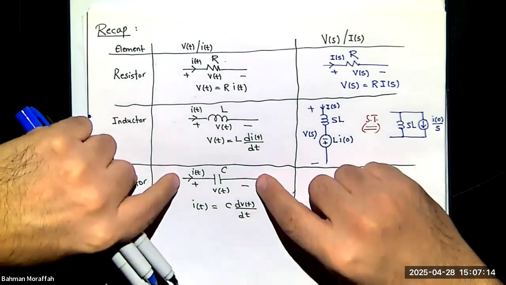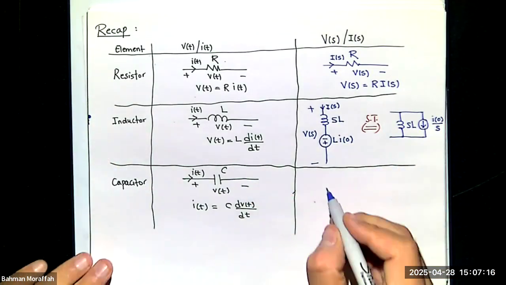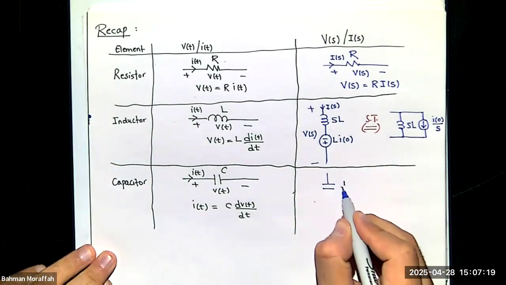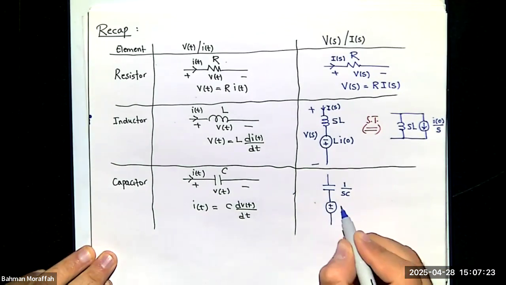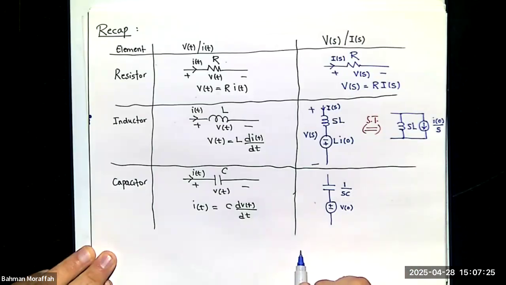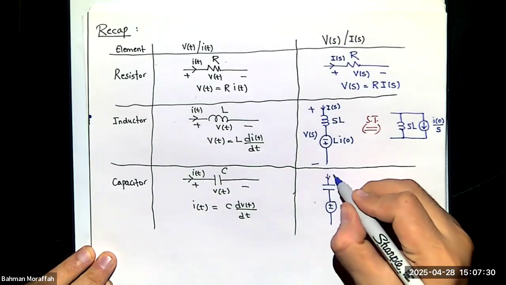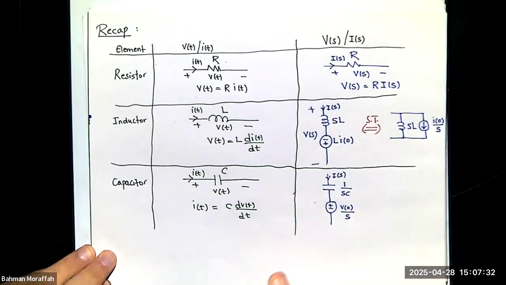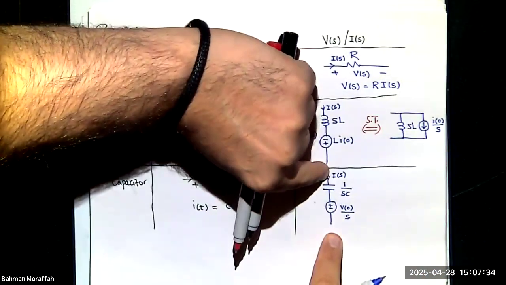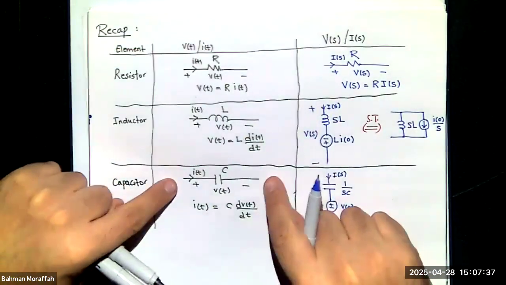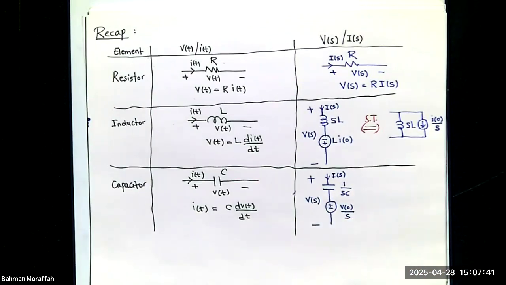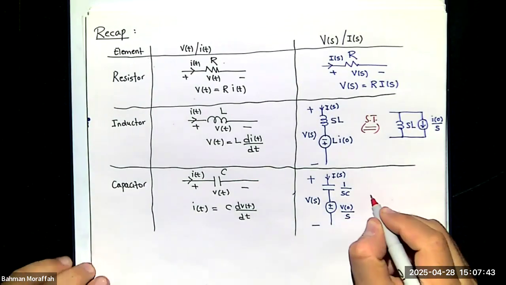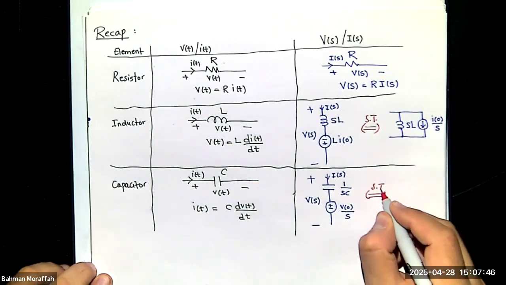And the whole thing over here in time domain becomes 1 over sC followed by a voltage source with value v(0) divided by s. If I say current through it is I(s), voltage across both of these elements together is the same as this v(t). So this is V(s).